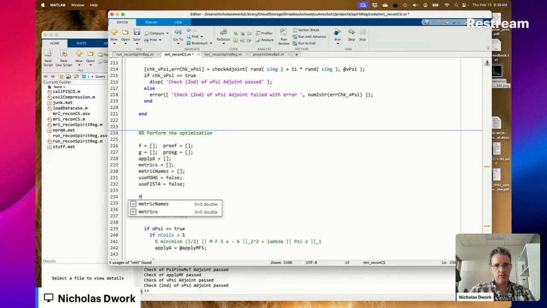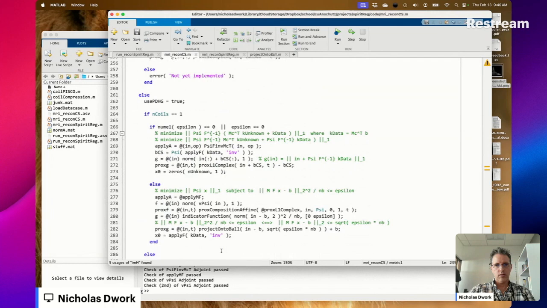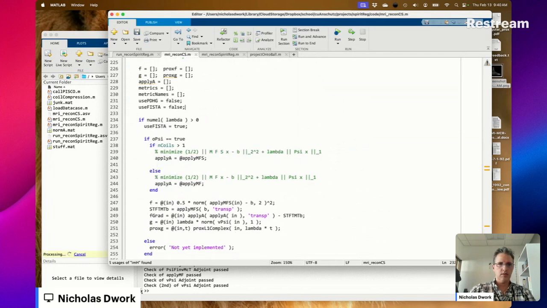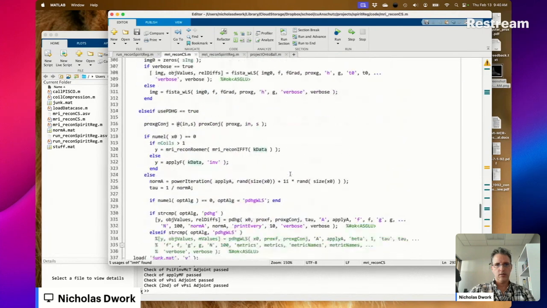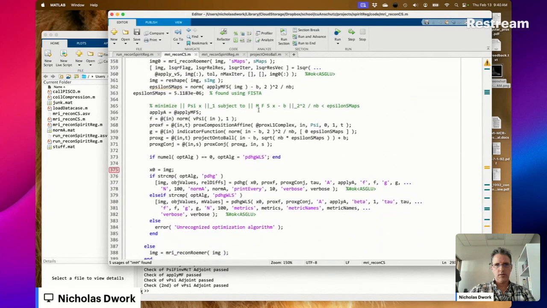Metric function, metric 1 is equal to, let's take the maximum, the difference between this and this.